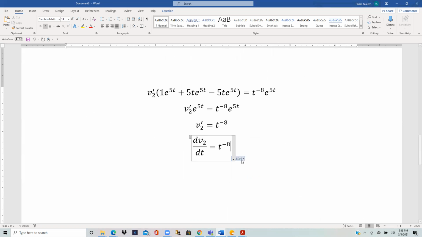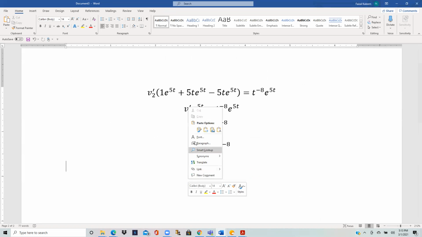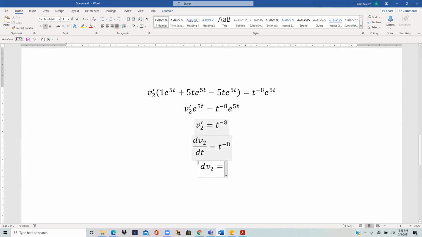And now we do it by separation of variables. So dv2 is on the left, and on the right side, you have t to the negative 8 times dt.